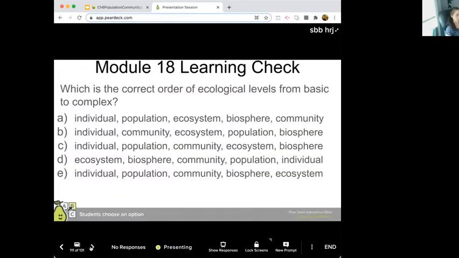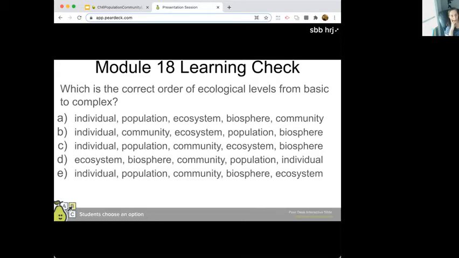All right, this is the part I hope I have fixed. So go ahead and put an A, B, C, D, or E for the correct order of your ecological levels. This is target 1 for chapter 6. One thing I like about this is that if you were wrong, that's okay.